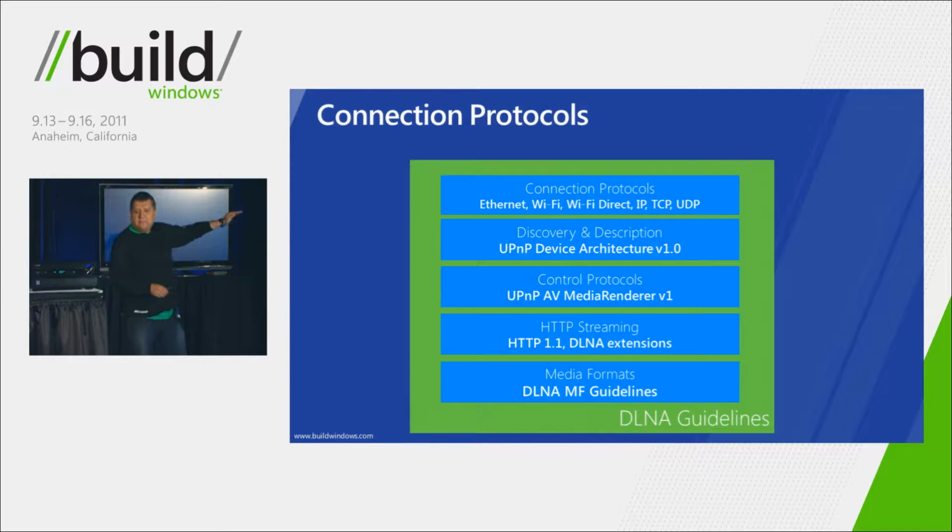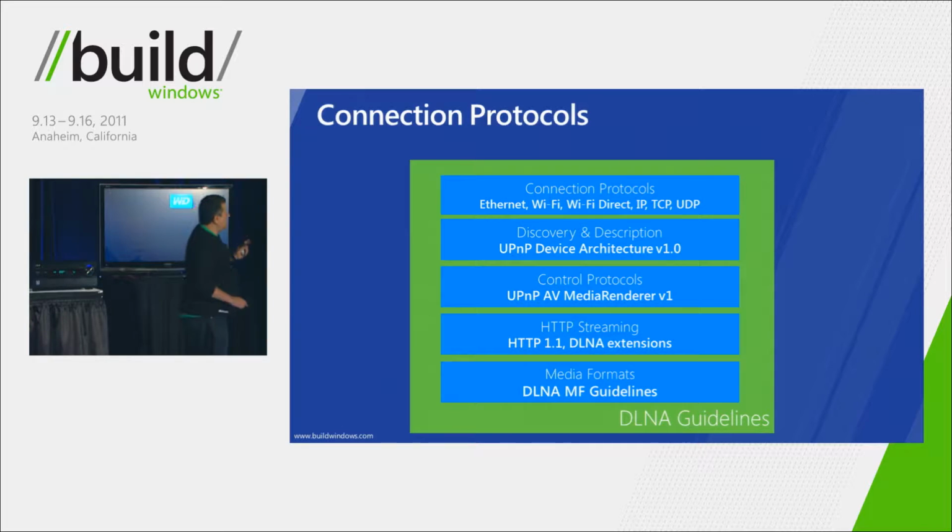So if you want to implement the devices and description layer, you have to go to the UPnP website and get the standard that is called UPnP Device Architecture version 1.0. That is the basic standard that describes the device discovery and description.